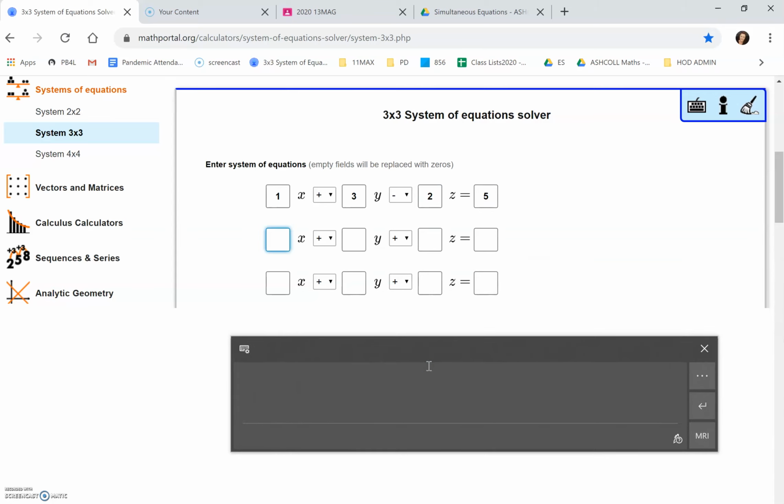The second equation was 2x plus 4y plus 3z, equaling 8. And the final equation was 3x plus 5y plus 6z, which equals 7.